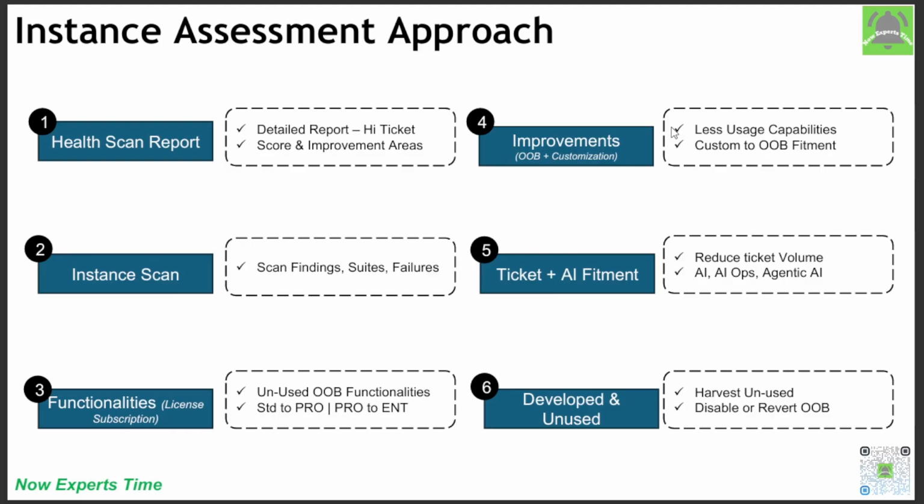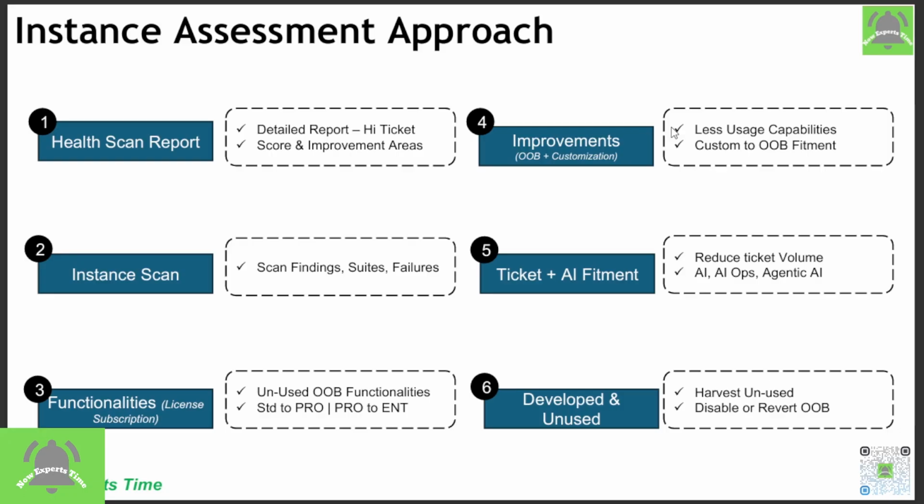The health scan report has short information and also detailed information, but please request your ServiceNow team via ticket or via representative, and get the detailed health scan report. That detailed report will give you clarity about your scripting related problems, configuration related problems, everything.